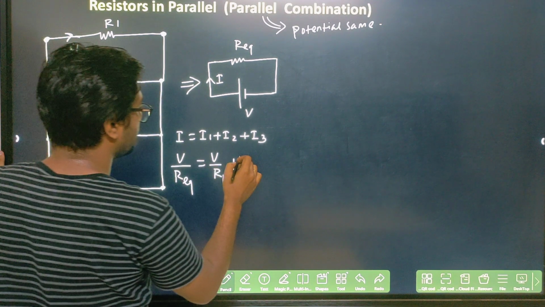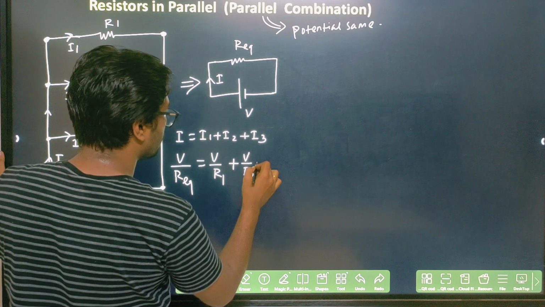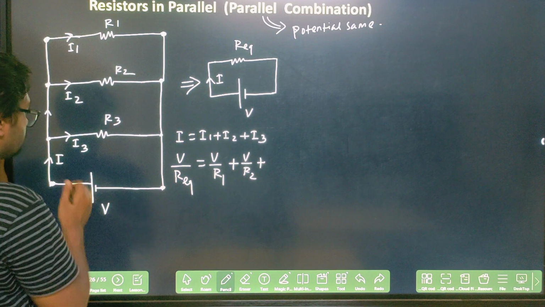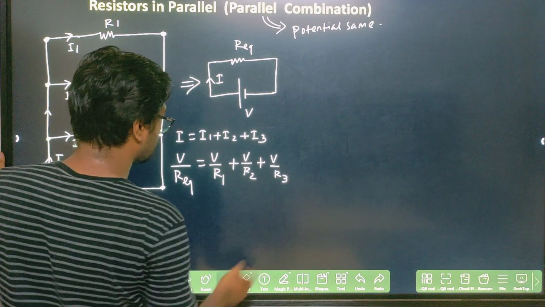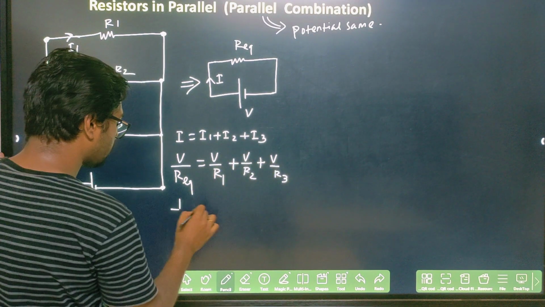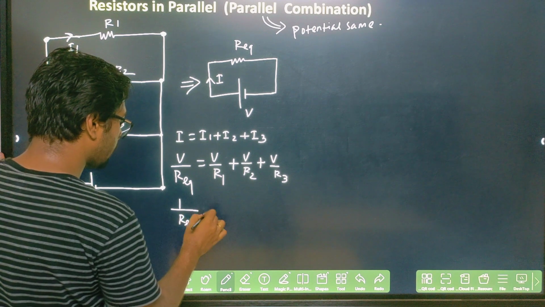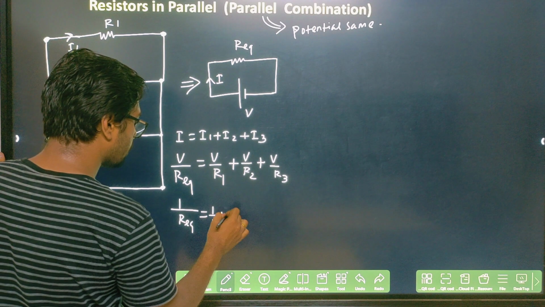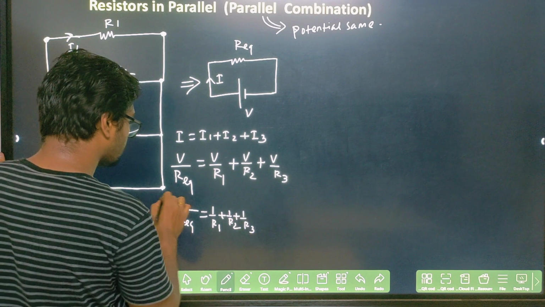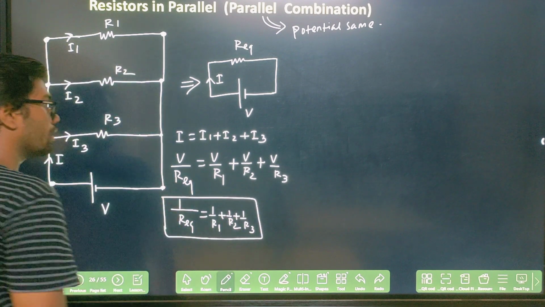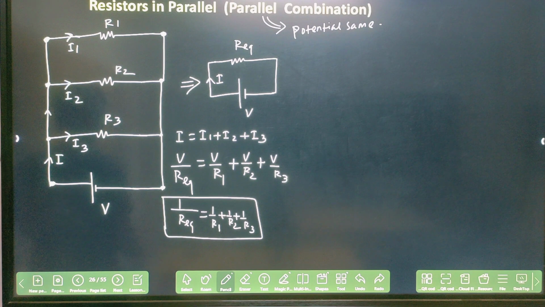So you can say that I2 equal to V by R2. Similarly, I3 you can find out, same potential drop here and here. This will be V by R3. So everywhere V cancels out. So 1 by R equivalent equal to 1 by R1 plus 1 by R2 plus 1 by R3. This you can find out. Clear? In this way you can find out.